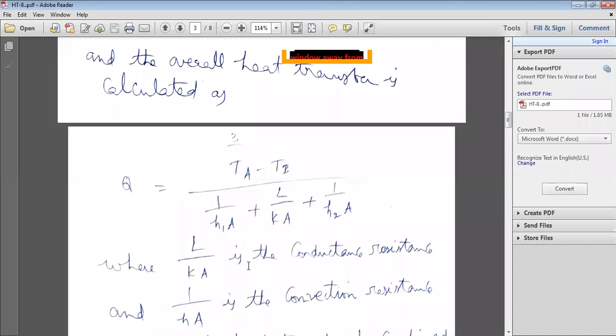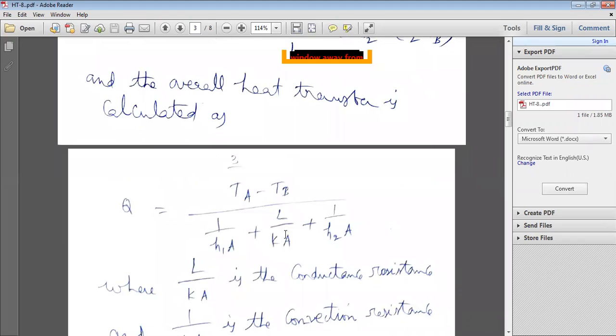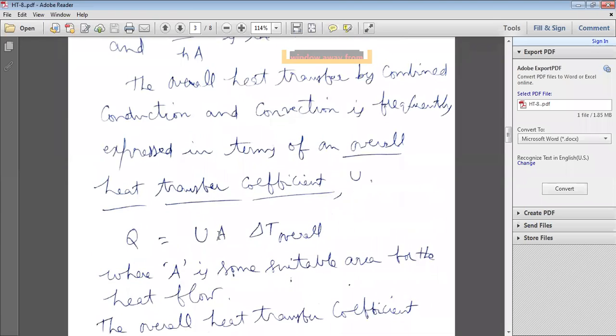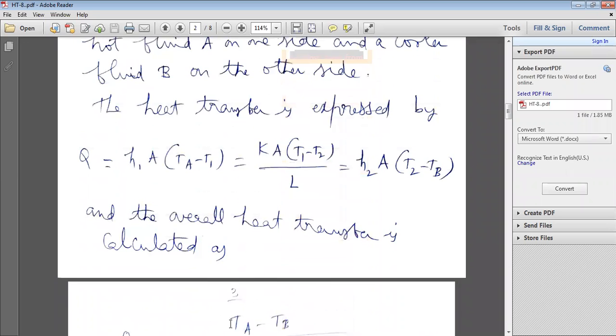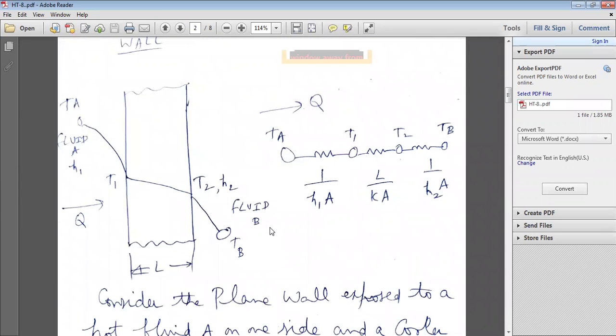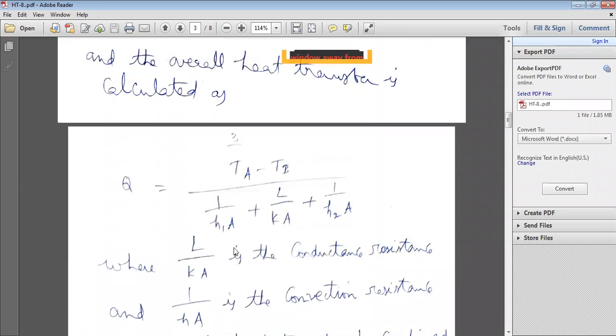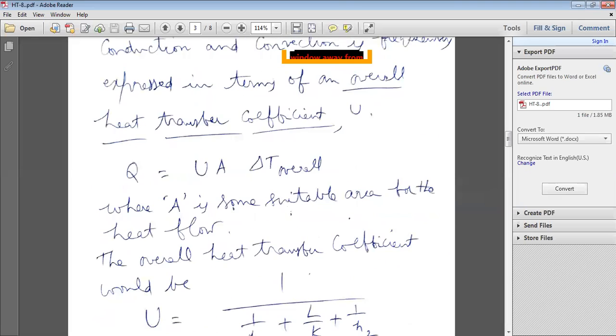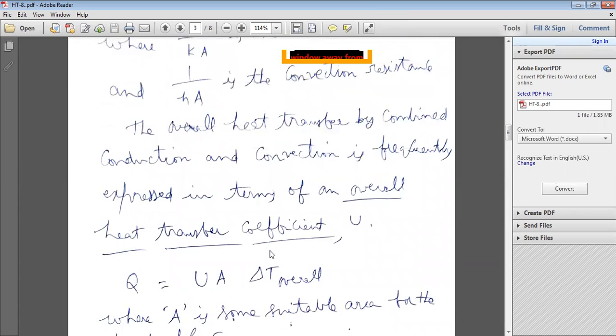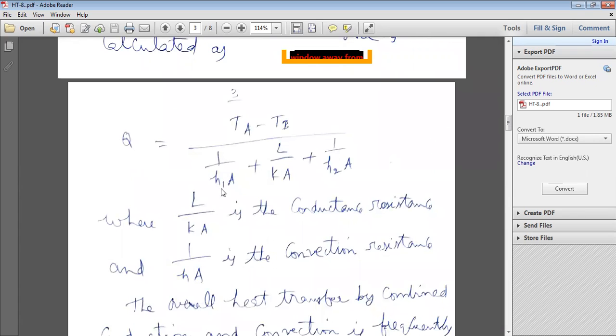From this, Q is equal to U A into delta T overall, the overall temperature drop from TA to TB, if you take the common area A out on top. But what is U? U is 1 divided by (1 by H1 plus L by K plus 1 by H2).